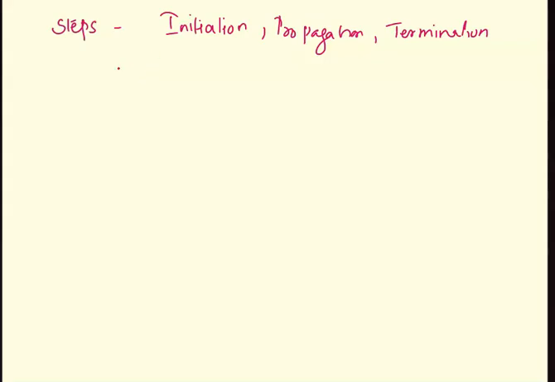So for initiation, the light is necessary to break the weak chlorine-chlorine bond to form chlorine radicals. In the first step, which is initiation, the light breaks apart this bond. It's a weak bond between the two chlorine atoms.